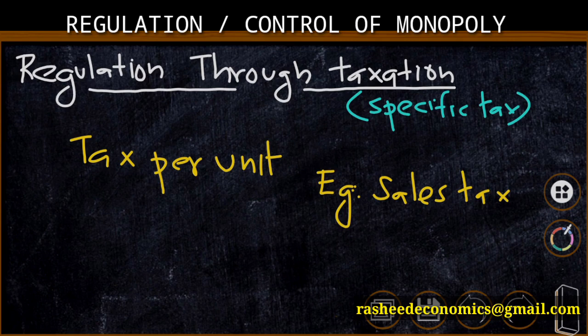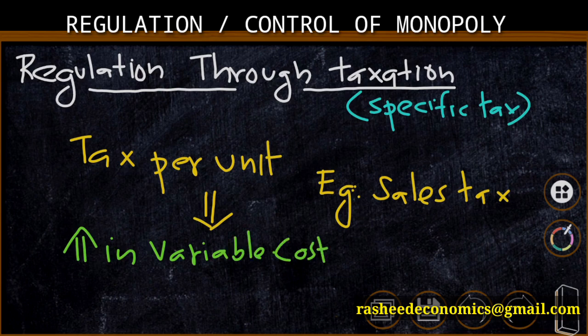When a per unit tax is imposed, it leads to an increase in variable cost. That means there will definitely be an increase in marginal cost and average cost. The average cost of production and marginal cost of production will be affected if there is a per unit tax or specific tax.